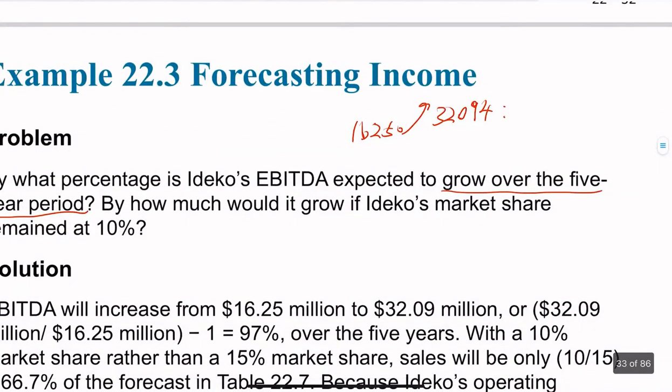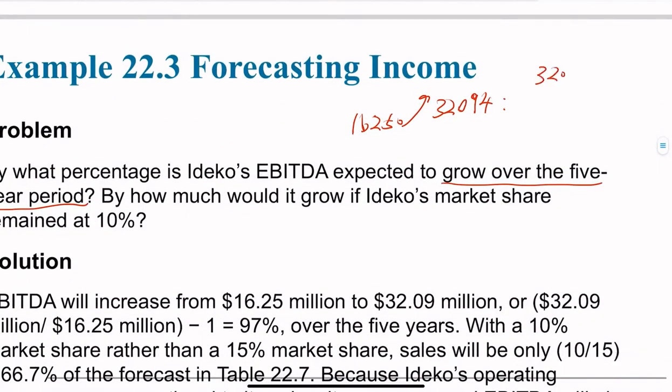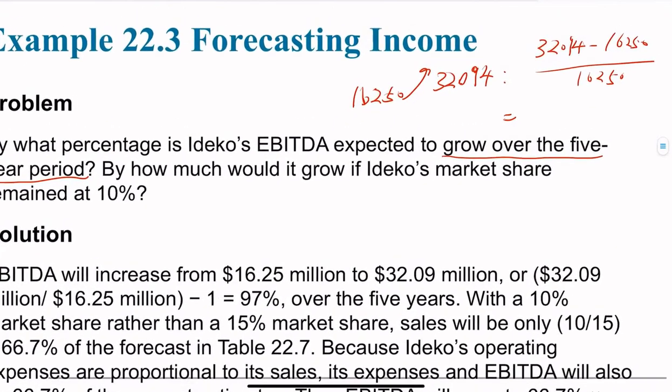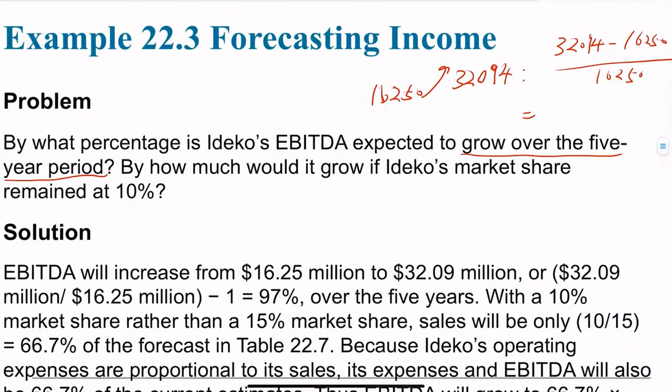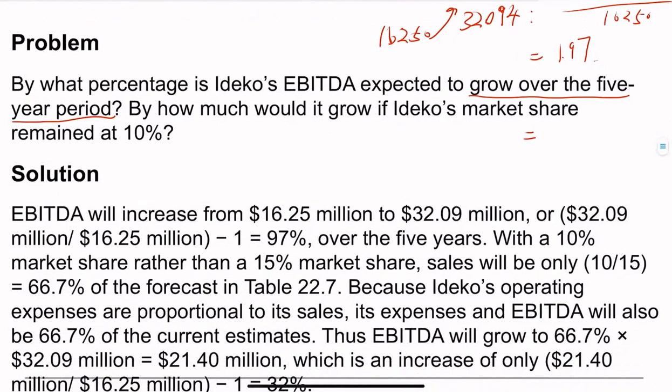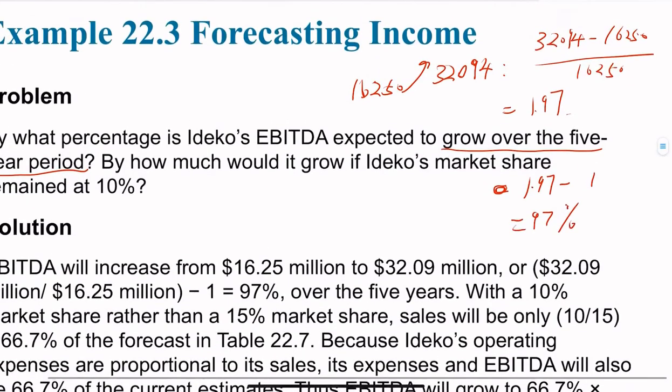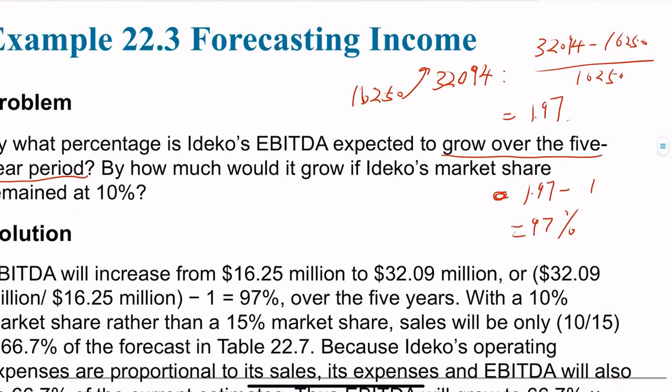Now you can see that the increase is given by this really simple calculation. So this gives us 1.97. And if we're looking at this growth rate, then it should be 1.97 minus 1, which is 97%.